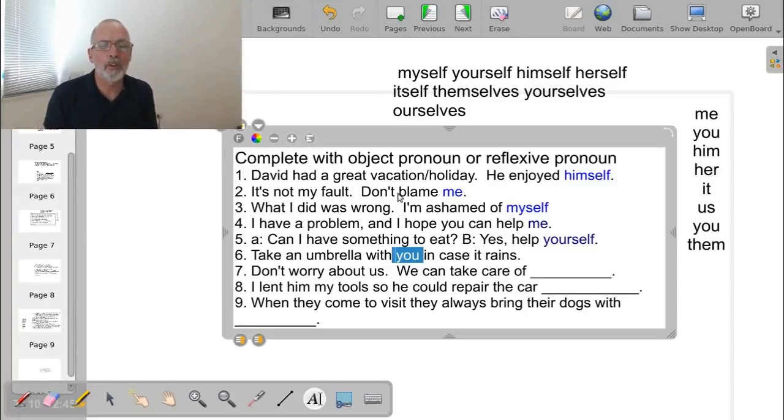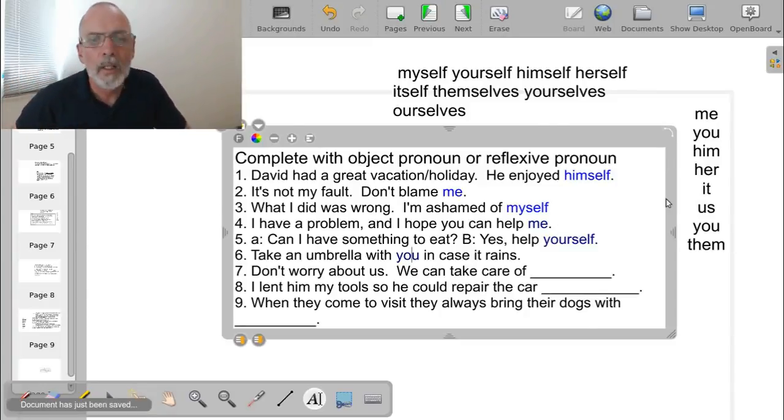So the with is a preposition, but it's not the case. It's an exception. When we have take a book with you, take an umbrella with you, take some money with you, when we have those expressions with take, we don't use the reflexive pronoun. We need to use the object pronoun. Take some money with you, take an umbrella with you, take a book with you.